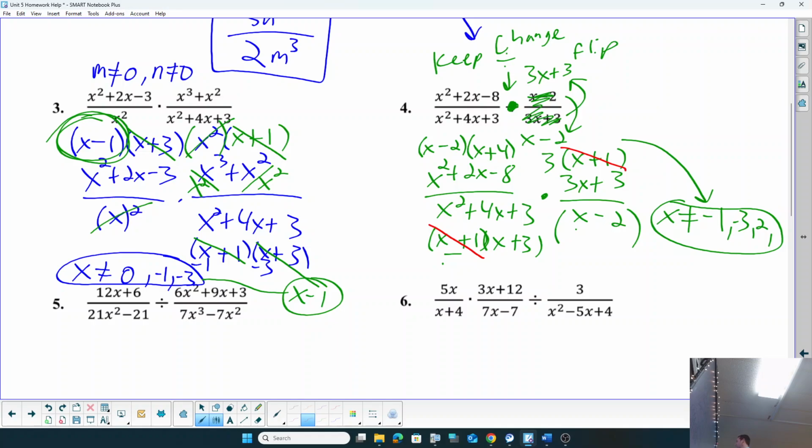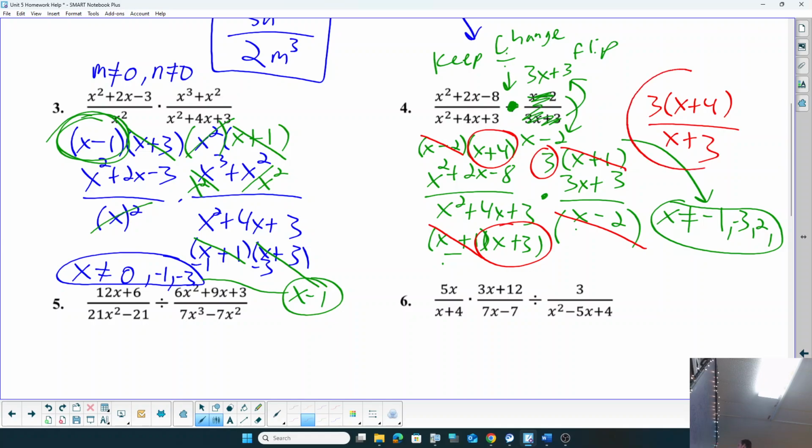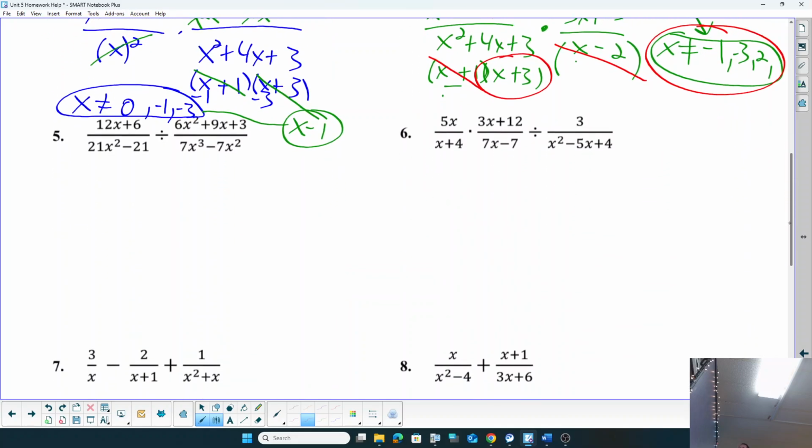We have an x minus 2 we can go ahead and cancel. We still have a 3 and an x plus 4, as well as on the bottom an x plus 3. So our final answer would be 3 times x plus 4 all over x plus 3. Cannot cancel the x's, cannot cancel the 3's. Whee-oh, there's our answer. Nice.